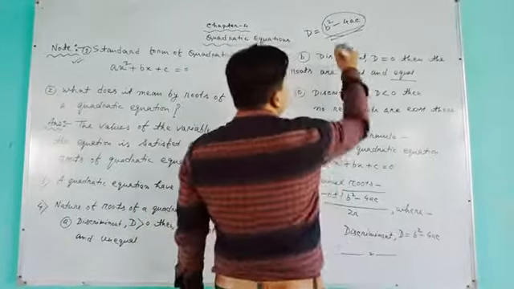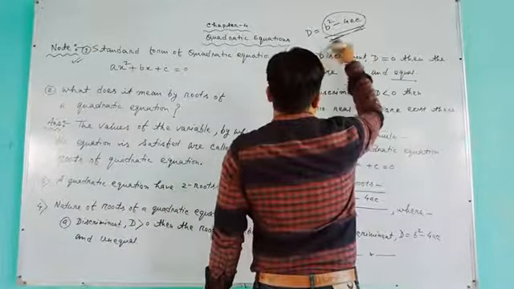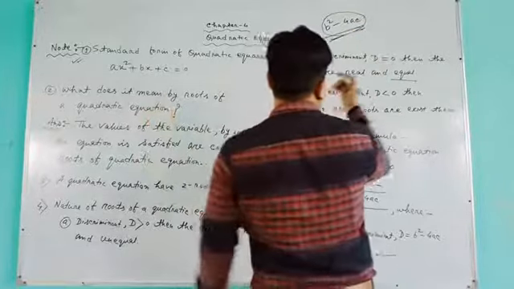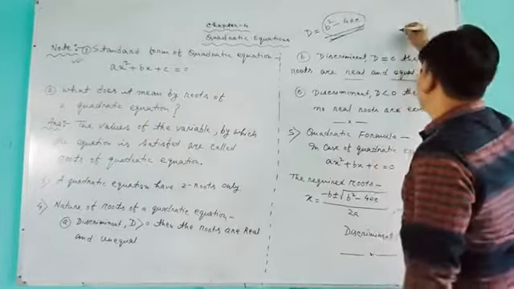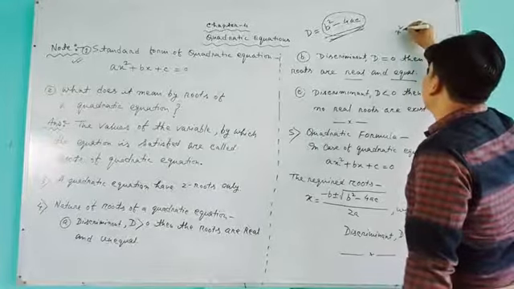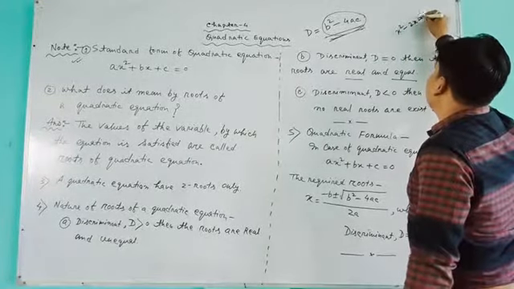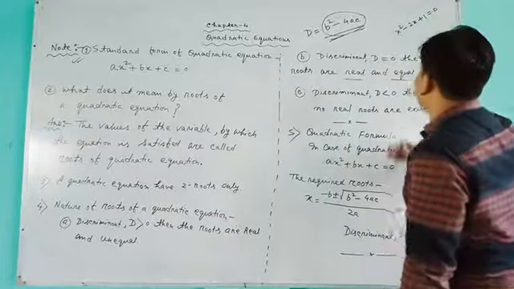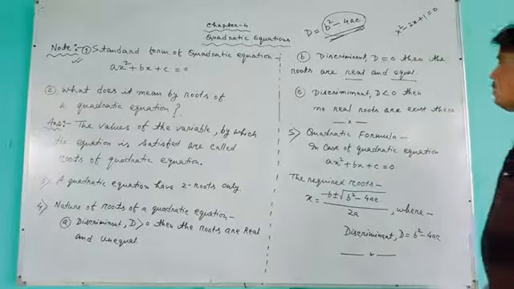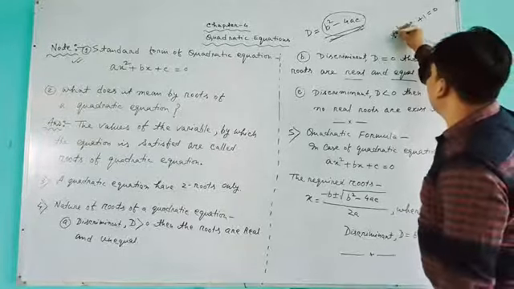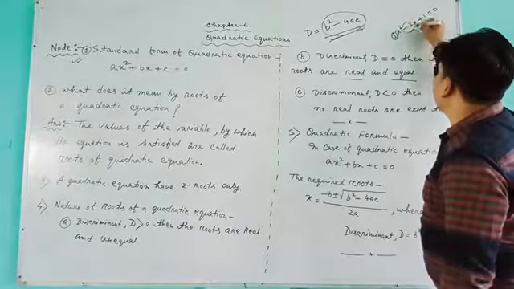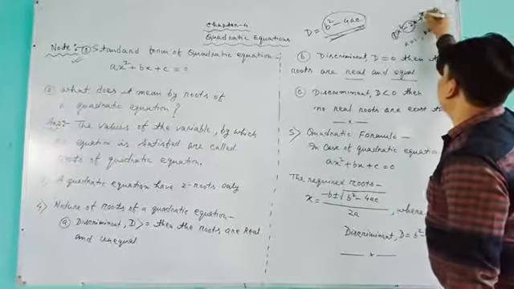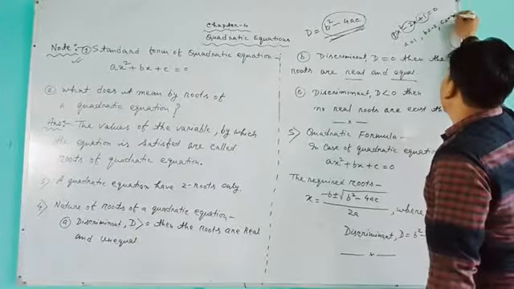How will you get the value of b squared minus 4ac? Whatever equation is given, suppose one quadratic equation is x squared minus 2x plus 1. Here the a value is 1, the b value is minus 2, and the c value is plus 1.